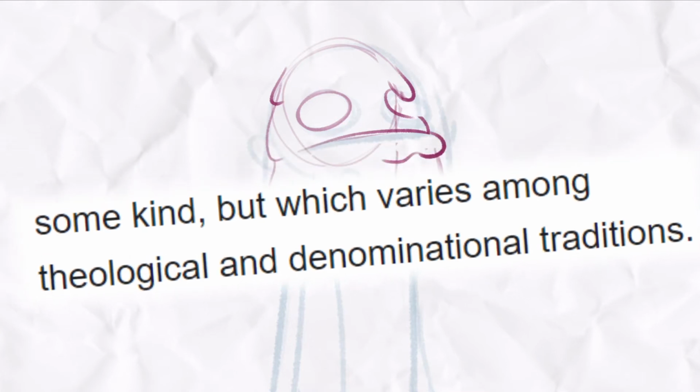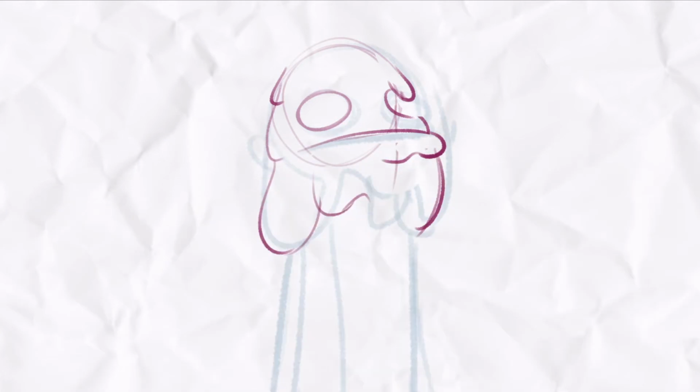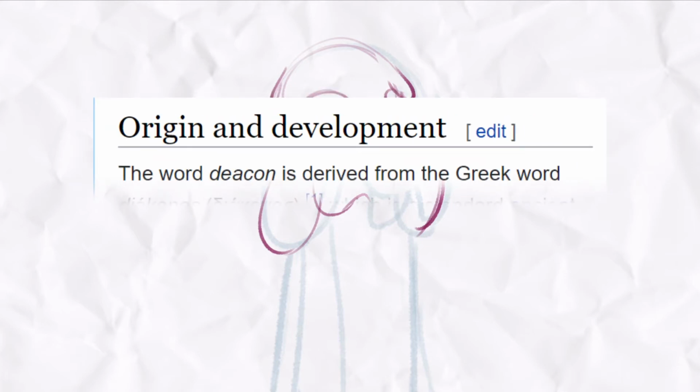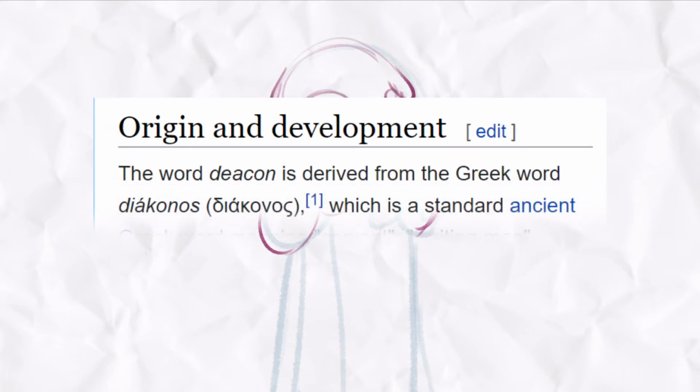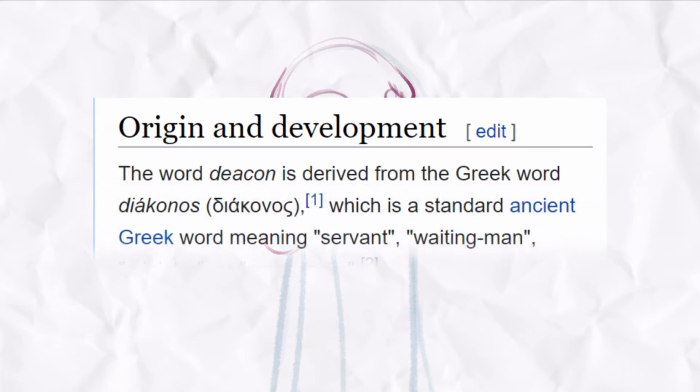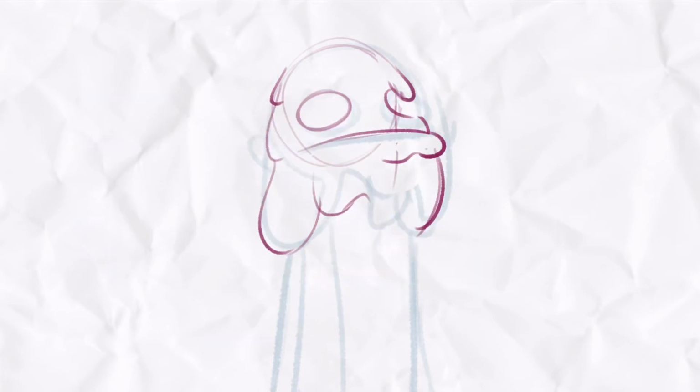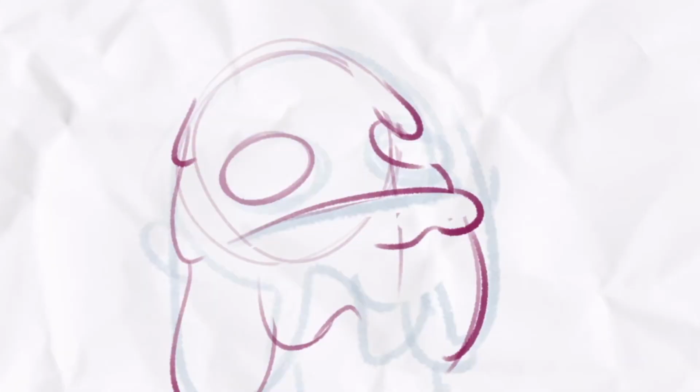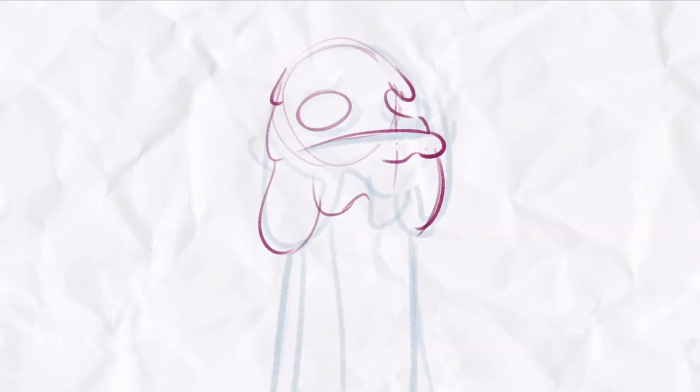So it isn't really anything. Okay, it's just someone in the church, I guess. The word deacon is derived from the Greek diakonos, which is the standard ancient Greek word meaning servant, waiting man, minister, or messenger. That doesn't narrow it down, does it? Church, make up your mind. What's a deacon? Do I have to deconstruct it any further?